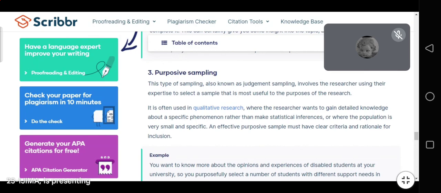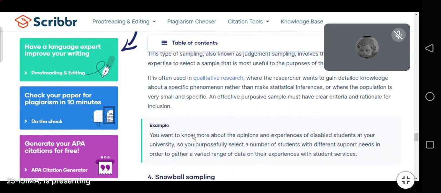You select people based on their expertise, if they are qualified for your research, or they're experts in your research. So that's why it is purposive.